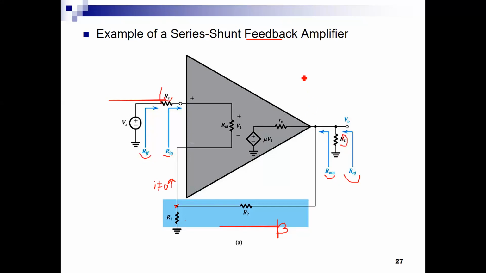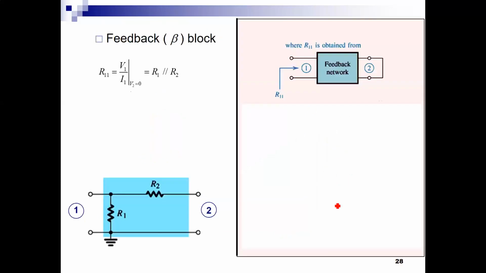Okay. So this is step number 1. Identify the beta block, which is here highlighted in blue. And we start to find the characteristics of this beta block.